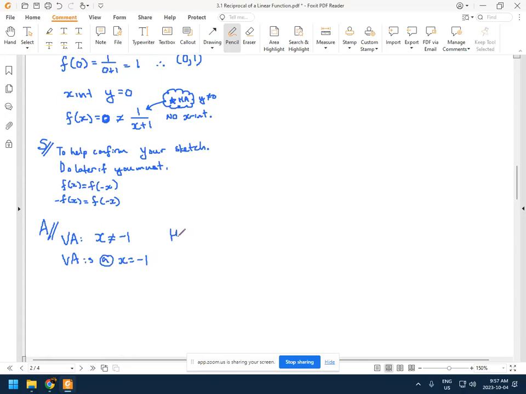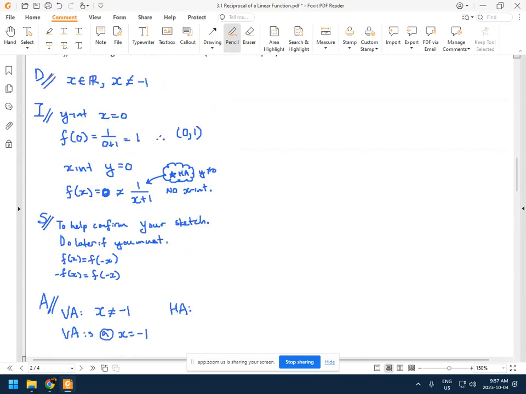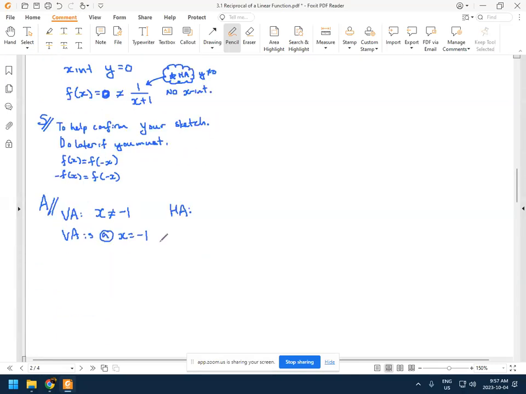About the horizontal asymptote, you should have found out. So again, vertical asymptote, you can take a look at your domain and that should correspond right there. Horizontal, yep. Y cannot equal 0. Therefore, HA is at y equals 0.